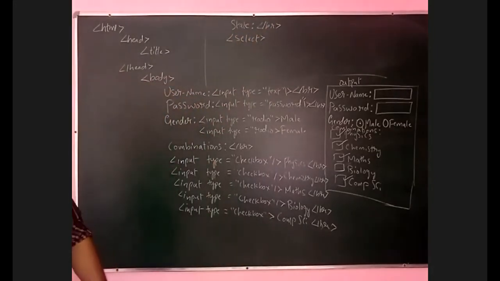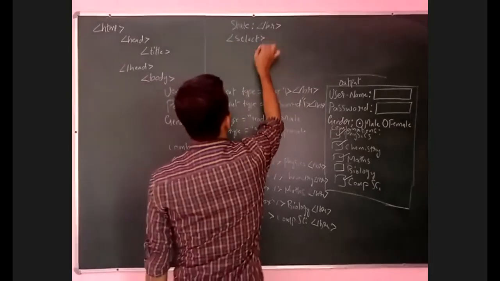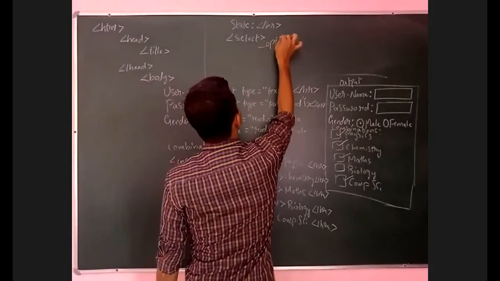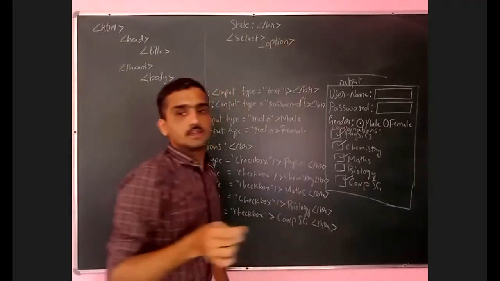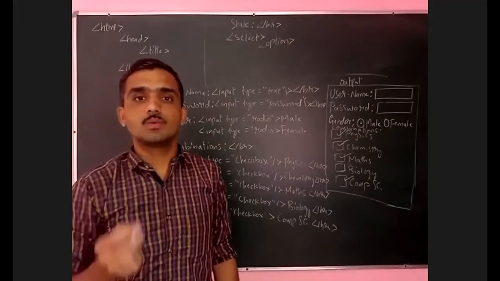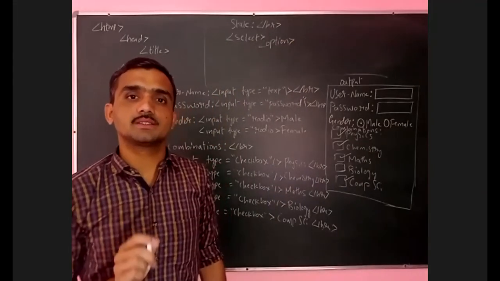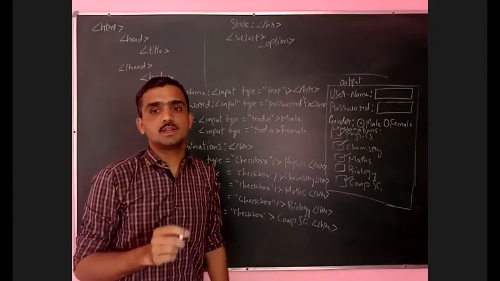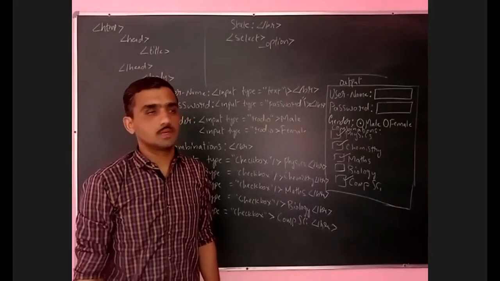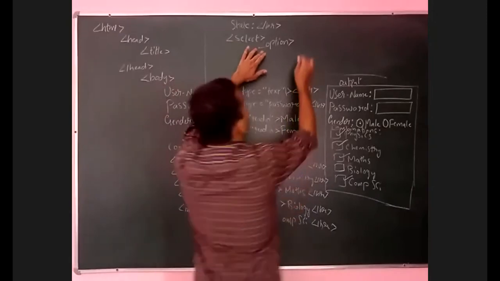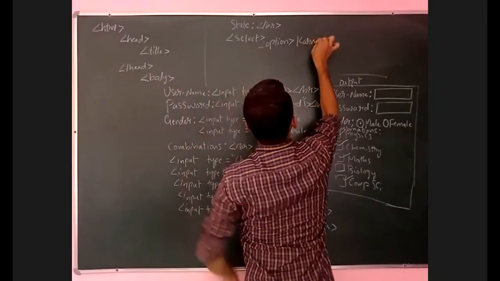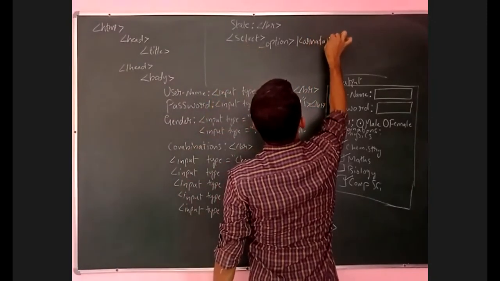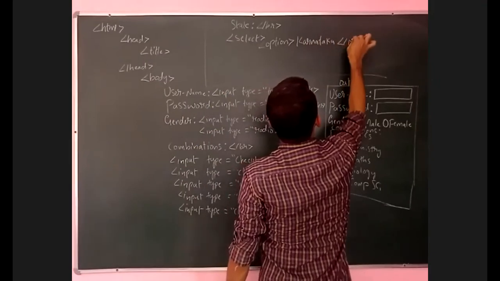In that tag, we have one more tag called option. As I said already, there is no logic or calculation. What you have to do is remember the tags. You can memorize them, or program by program you will pick them up. So option, I write like this: Karnataka. Then close this option tag.